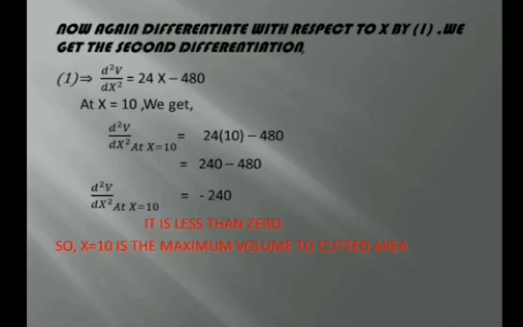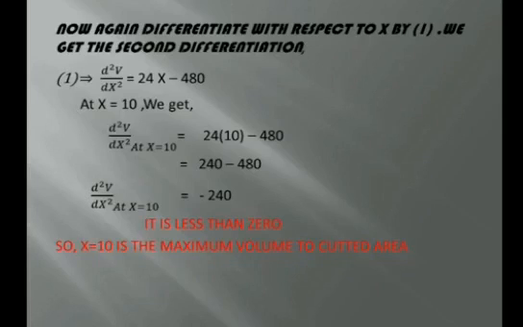So d square V divided by dx square at x is equal to 10 is equal to 24 into 10 minus 480. We get 240 minus 480, so the value is minus 240.